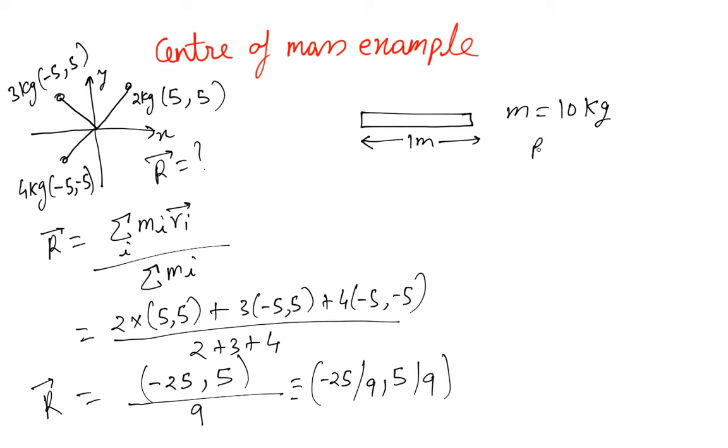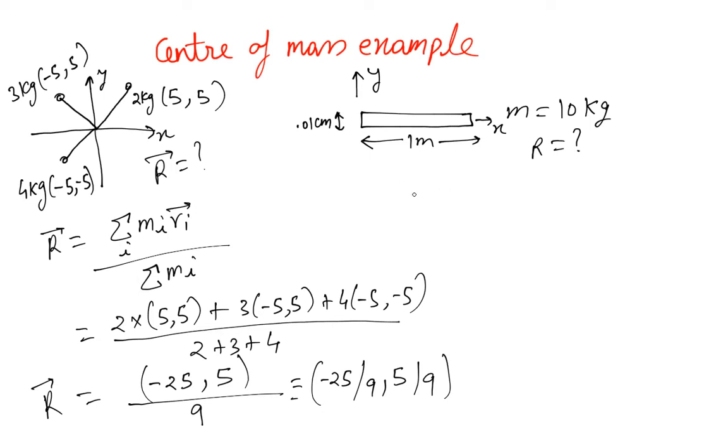And we have to find what is r for the system. We can define this as the x-axis and this as the y-axis. For the sake of convenience, let's say the thickness is 1 centimeter. It doesn't really make a difference, but that's a standard problem.